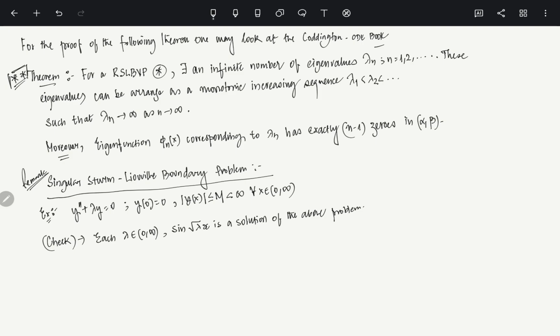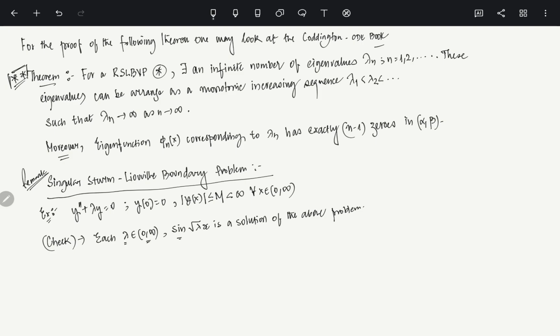How do I know it? Because you can show that for each lambda between 0 and infinity, which is an interval, you can take any lambda you want and the function sine of root lambda x is a solution, that is, an eigenfunction.